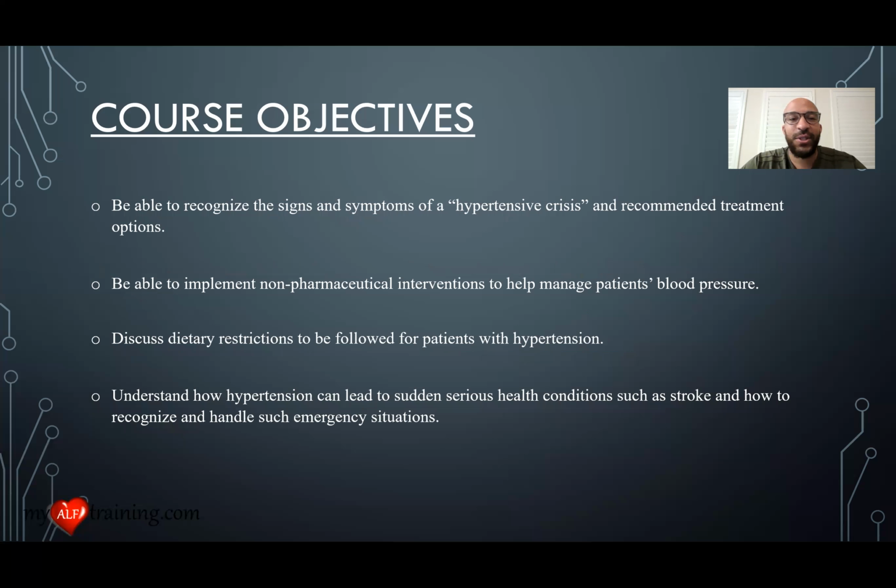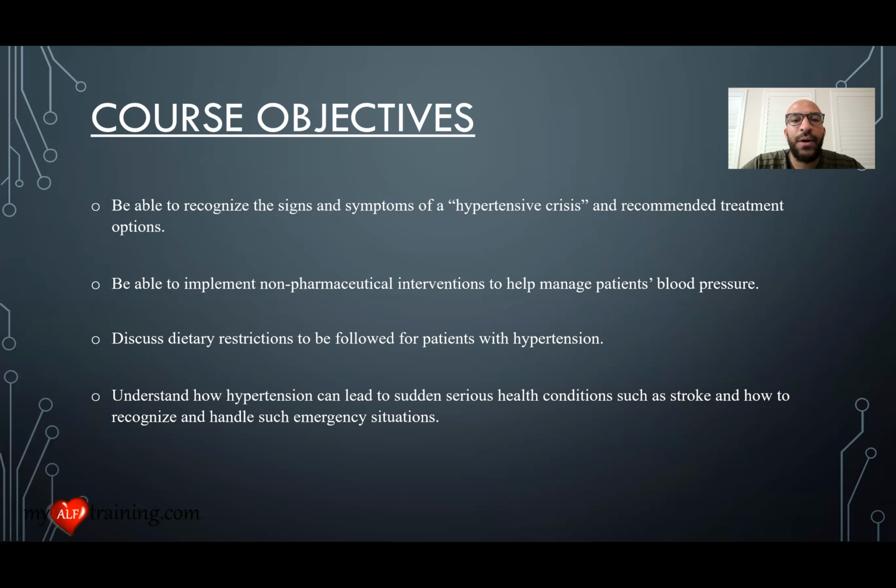And we have a lot to go over today. As you can see, we're on our fifth course objective here, which is you will be able to recognize the signs and symptoms of a hypertensive crisis and recommended treatment options. So, a hypertensive crisis is a very, very serious level of blood pressure that has risen to heights that endanger the patient's life critically.